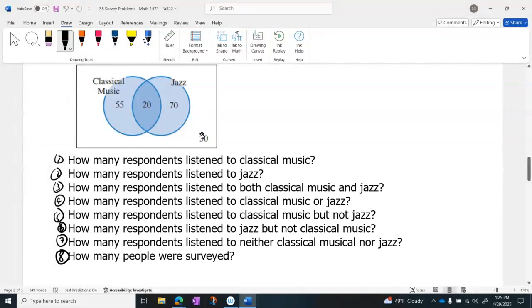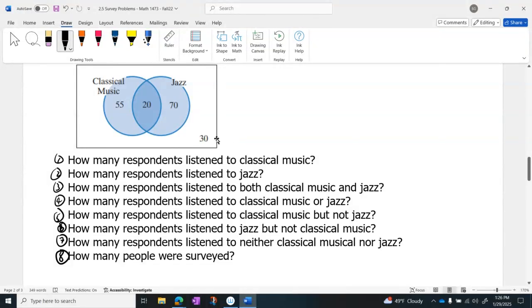And then we have 30 right here inside the box, the universal set, but outside the 2 circles. So 30 represents the respondents who listen to neither type of music. They do not listen to classical, and they do not listen to jazz either. Again, those numbers are not elements, those numbers are cardinalities.